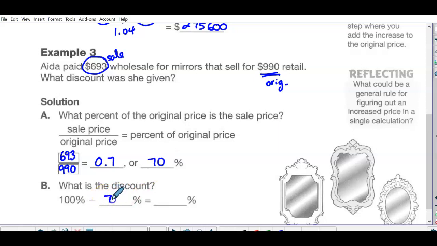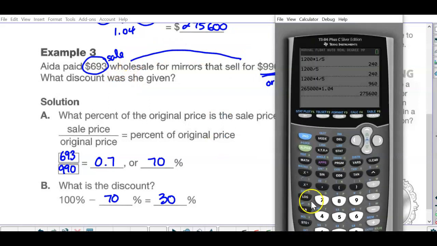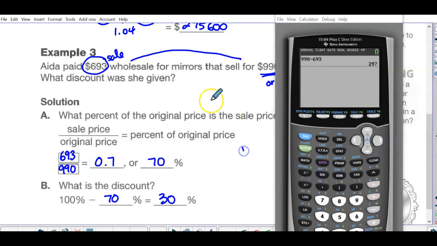So what is the discount? That means 30% was taken off. Alternatively, you could have subtracted these. So let's do it that way as well. So what is 990 minus 693? So the dollar discount, as I sometimes call it, is 297.